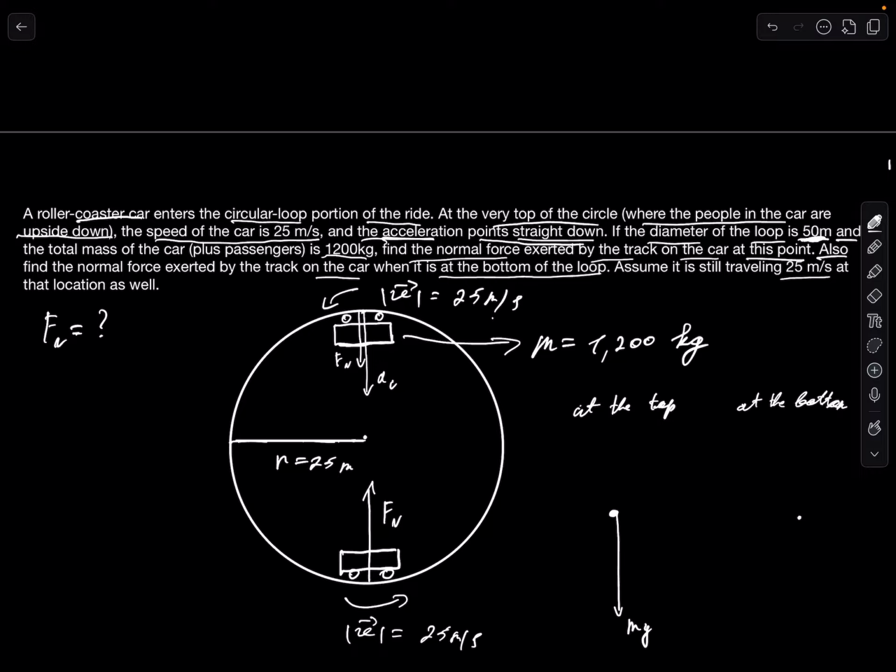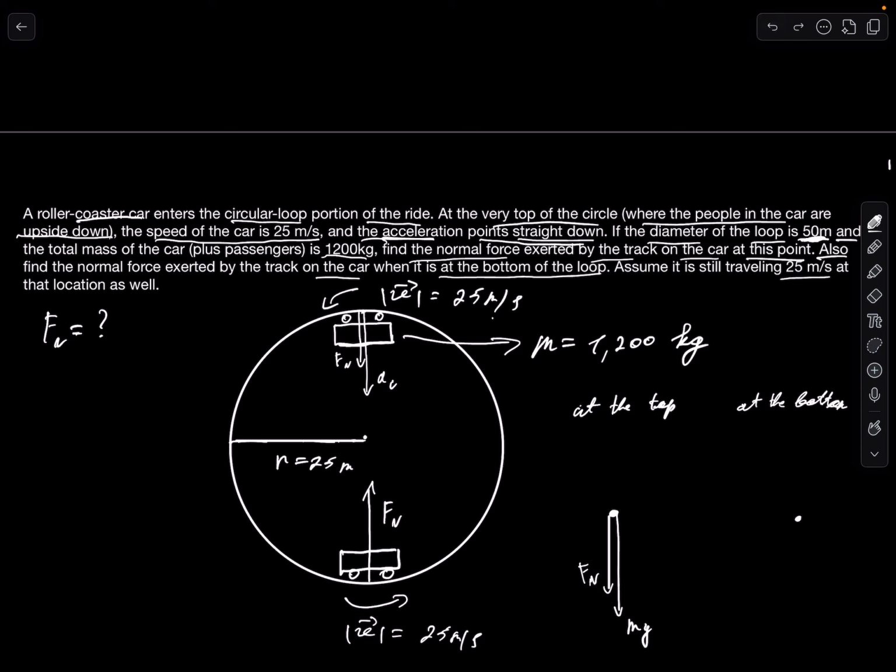The mass is 1200 kilograms, and assuming that the object is on Earth, which in most classical mechanics problems is the case, then we can say that g is about 10 meters per second squared. Then we have normal force, as we discussed. Note that the force is downward at the top.